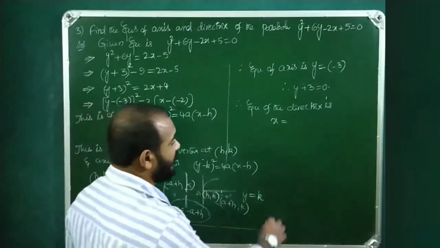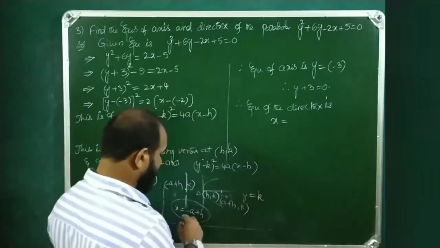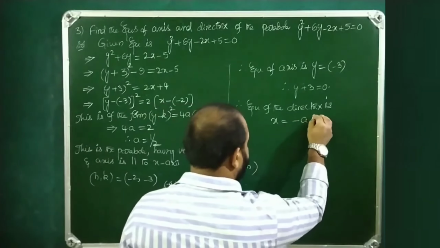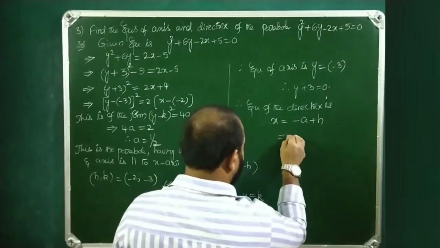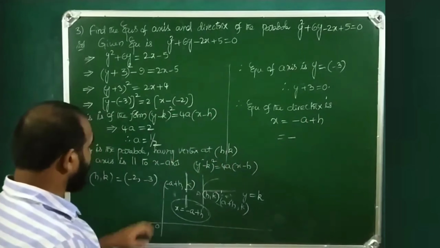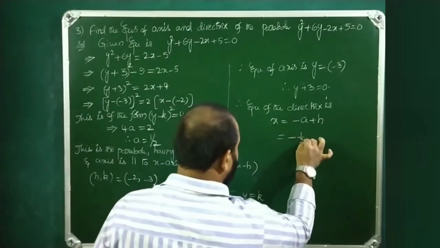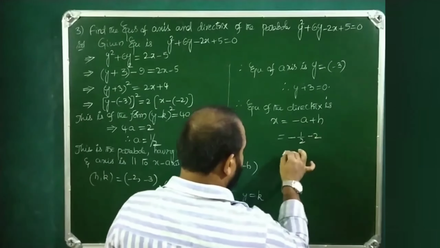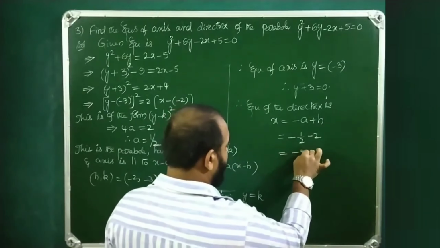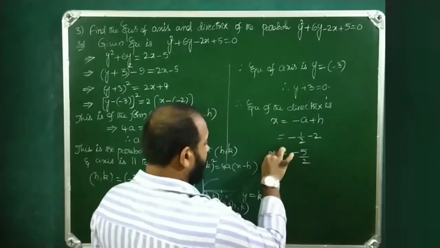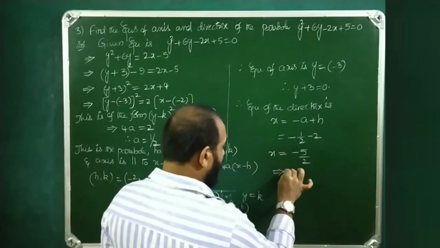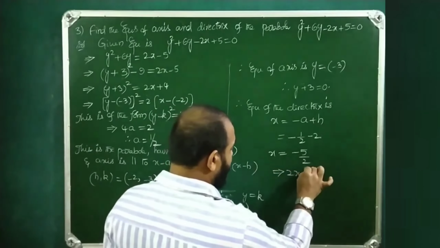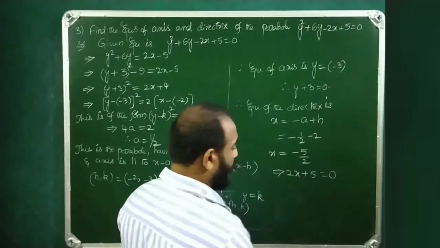So small x is equals to capital X plus h. So this is minus a plus h. So this is minus a is 1 by 2, h is minus 2. So this is equals to minus 5 by 2. X equals to, this is equals to 2x plus 5 is equals to 0.